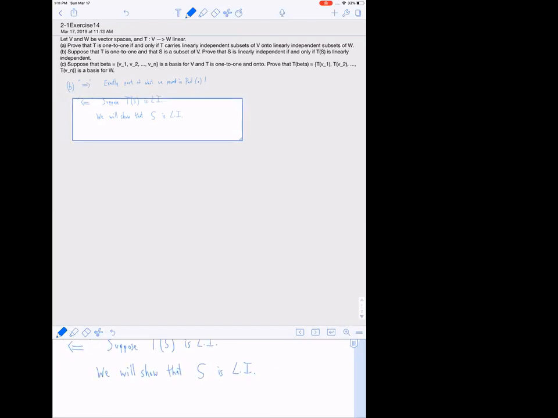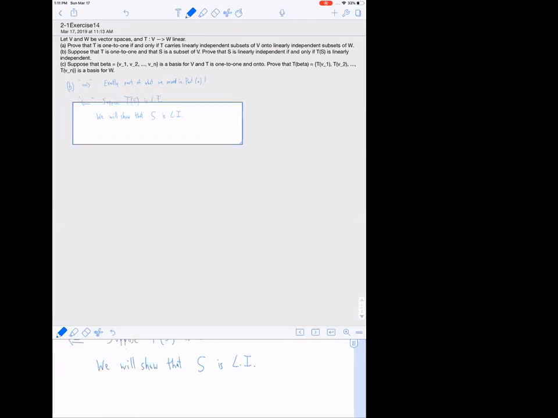linearly independent. All right, well, to show that the set is linearly independent, we have to show that the only way of representing a zero vector is the trivial way.